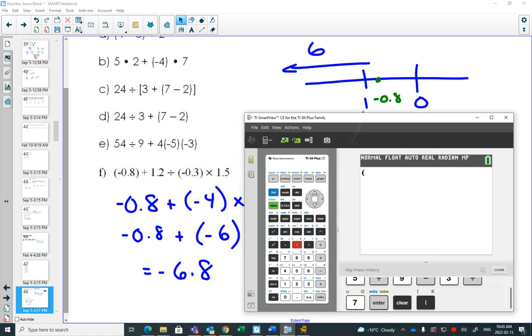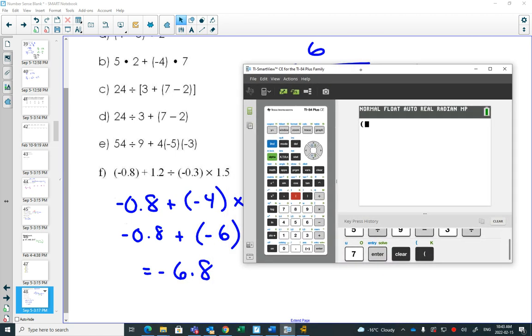Then, here, I'll move it over here so I can actually see. Then I can write negative 0.8 bracket. That's exactly what I have. Then I have a plus sign, plus. And then I have 1.2 divided by, then a bracket, negative 0.3 bracket times 1.5.